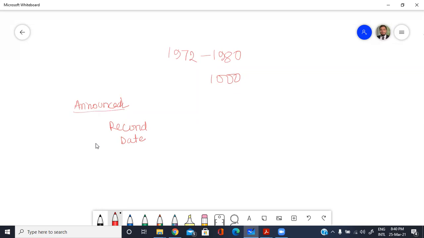Okay. What do you think, which date should be the event date between these two for the dividend? Record date or announced date? Announcement date is the event date, sir. After the announcement, the adjustment of price should be linked to this. Investors will change their mind after getting the announcement for the dividend.